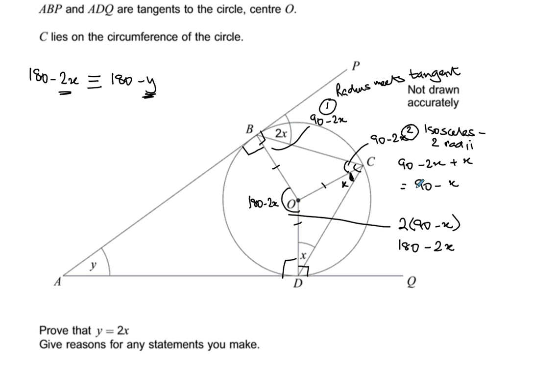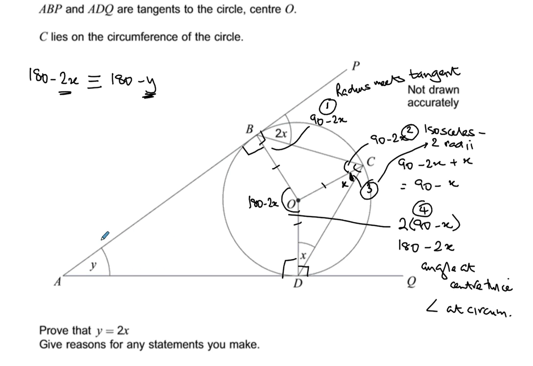Then we did this one here, and this was the same reason, isosceles, 2 radii. And then we did this one here, angle at center twice angle at circumference.